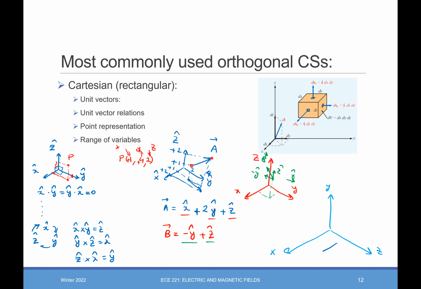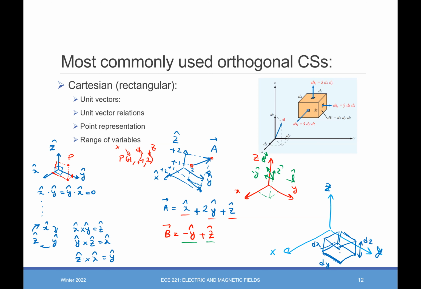Sorry, this is y, this is z. Then if you change y, we end up with a surface. Now, if we change z, we end up with a box. Now we know this length is dy, this length is dx, and the height of the box is also dz.